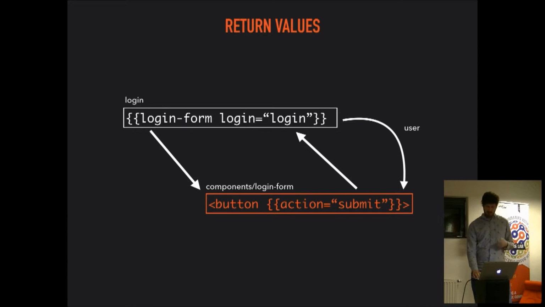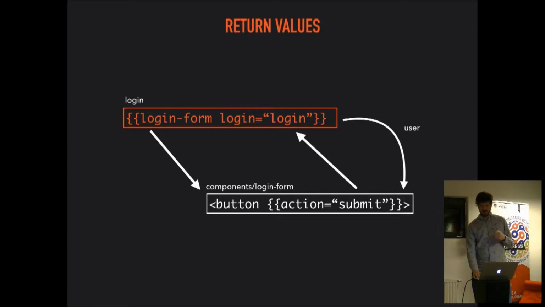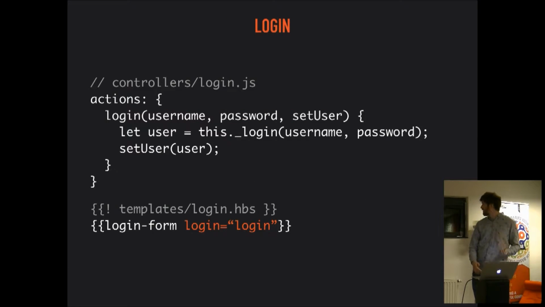Then we bubble up to the login controller. The login action is called, and we get this setUser callback. We get the user from the login action, or the underscore login function, and we call the setUser function with the user we got back from that function.